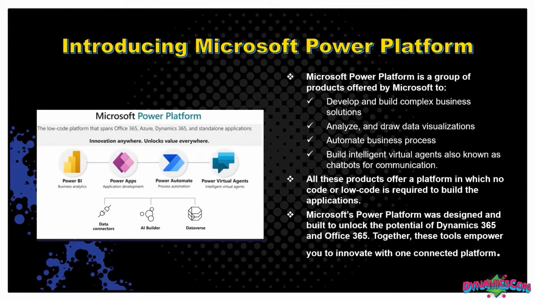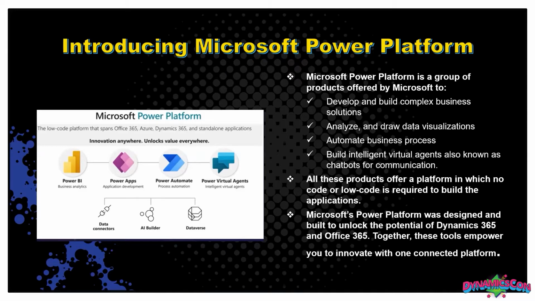Introducing the Microsoft Power Virtual Agent. What is it all about? The Microsoft Power Platform is a group of products offered by Microsoft to develop and build complex business solutions, to analyze and draw data visualization, to automate your business process so you can avoid doing repetitive tasks, and to also build intelligent virtual agents, also known as chatbots, for communication.